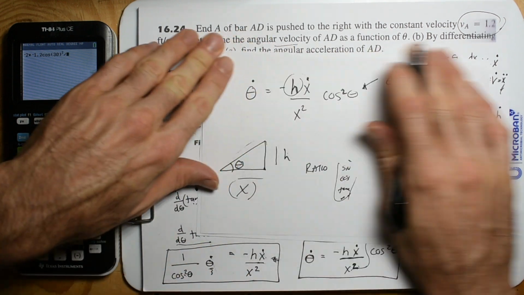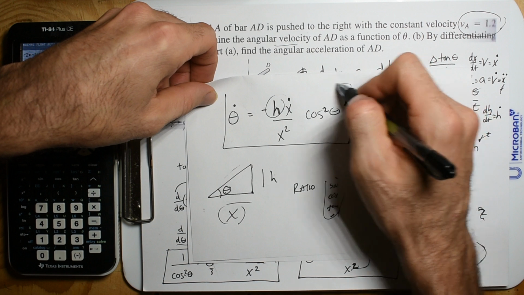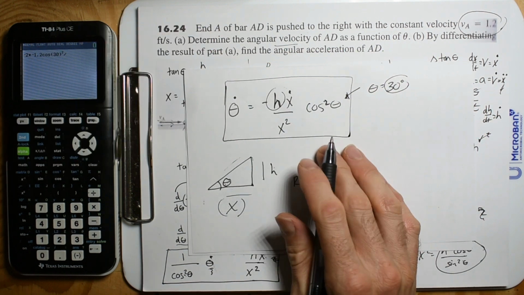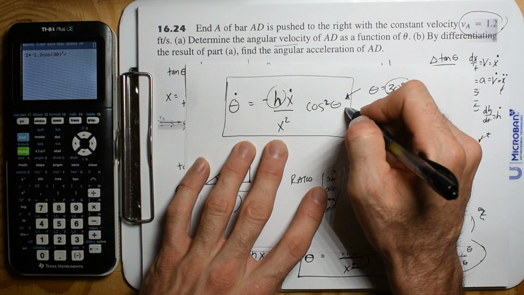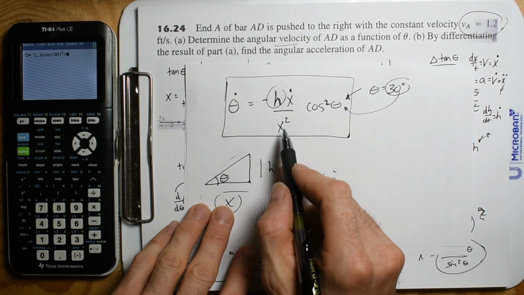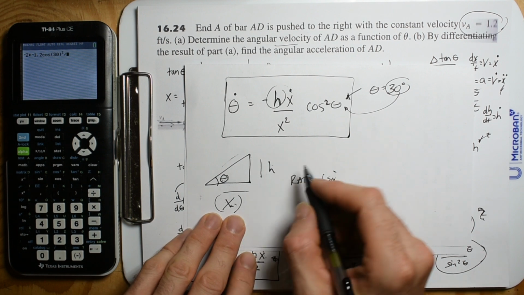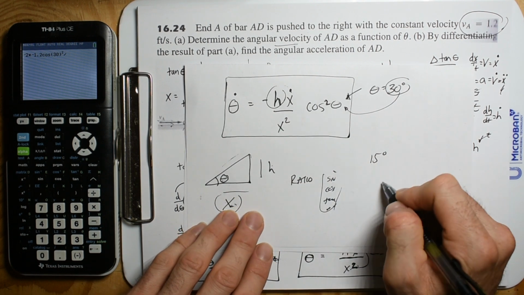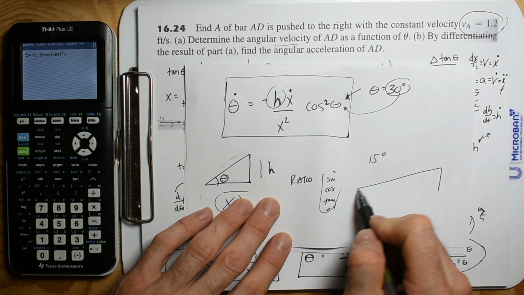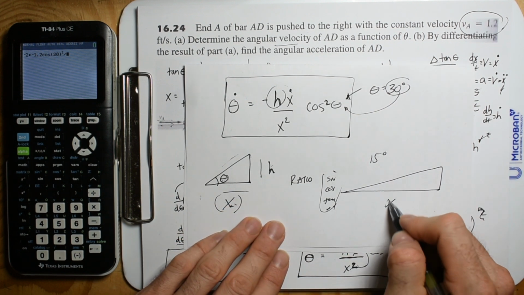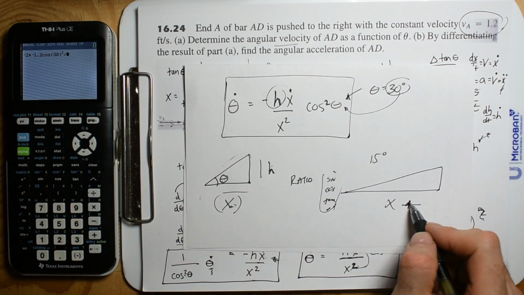So this derivative is useful, but if I'm going to throw in 30, I have to use the number of x that makes sense. If I throw in the angle of 15 degrees, this height doesn't change, and I still need to have 15 degrees, so this x definitely increases.